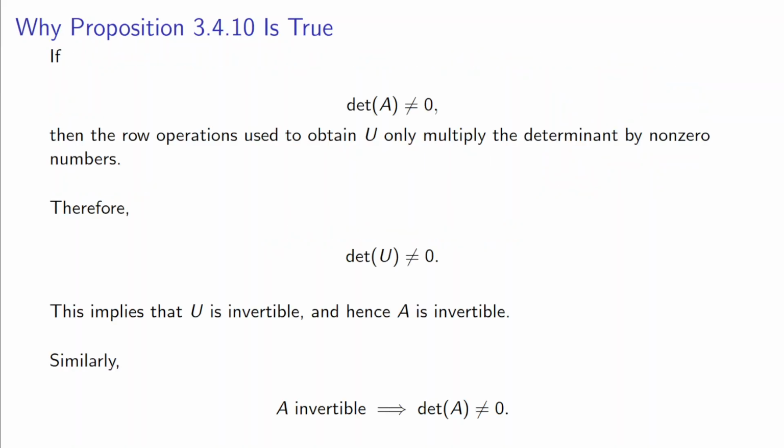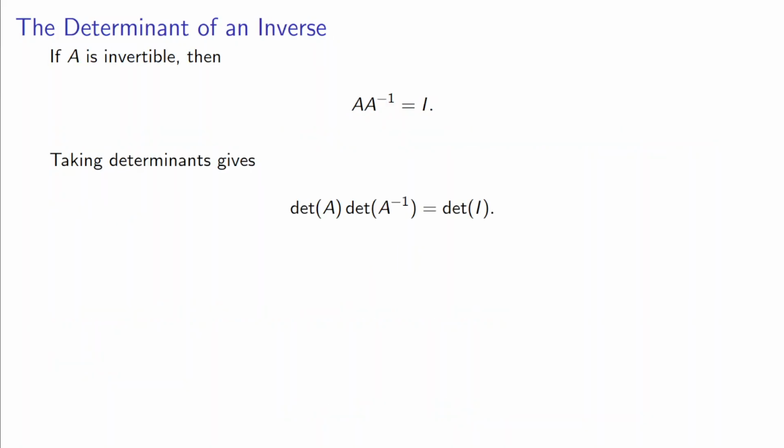And then connecting that back to A and proposition 3.4.10: if the determinant of A is non-zero, then the row operations used to obtain U only multiply the determinant by non-zero numbers. Therefore, the determinant of U is non-zero, which implies U is invertible, and hence A is invertible. So A is invertible implies the determinant of A is non-zero.